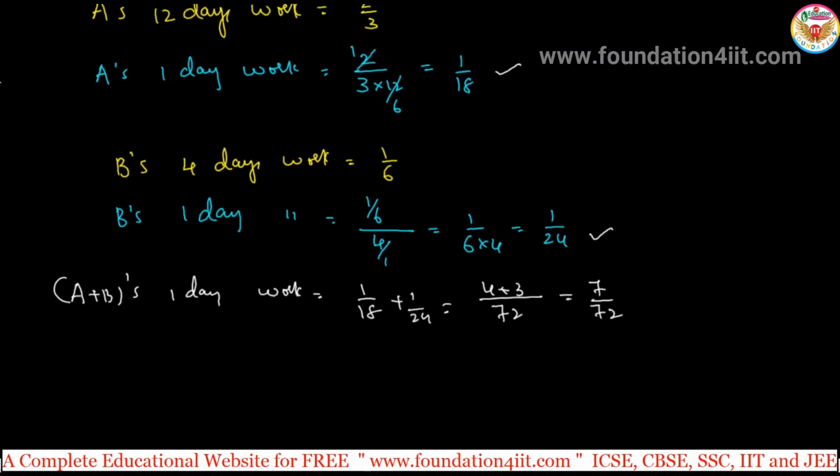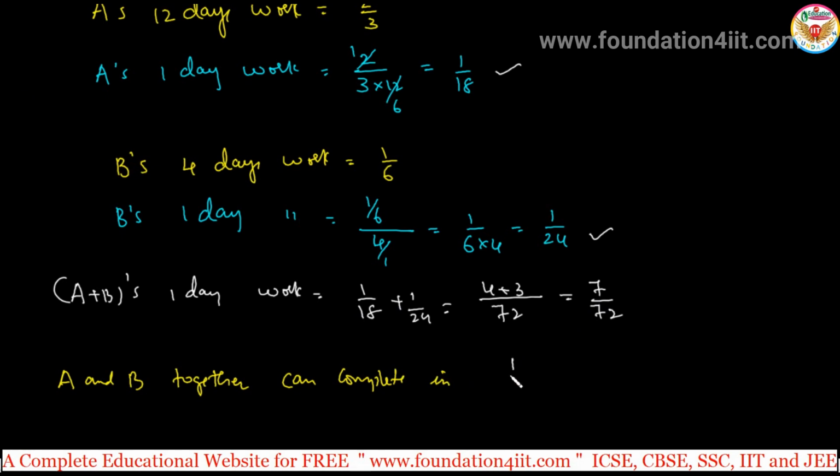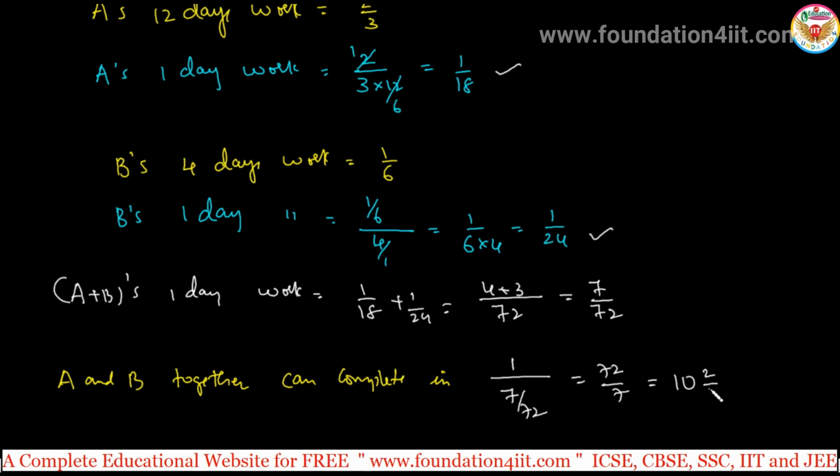So in 1 day they can do 7 by 72, therefore together they take 1 divided by 7 by 72, that is 72 by 7, the reciprocal, which is 10 2 by 7 days.